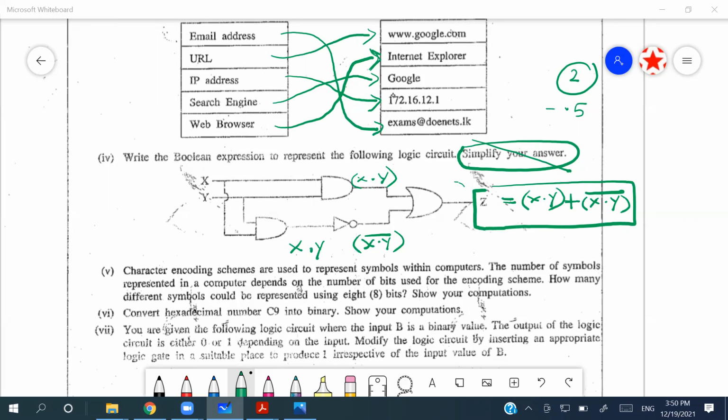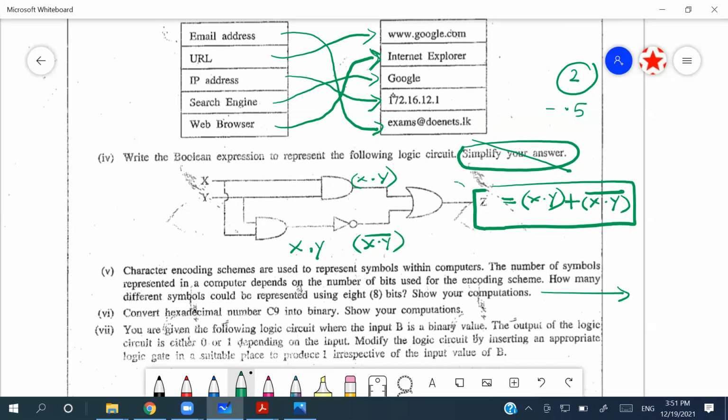Now this is easy, right? Like, if you can remember, we had 4 bits for the BCD. So BCD was capable of showing 15 characters. How are we going to calculate it? It's the number of characters taken as 2 to the power of the number of bits.